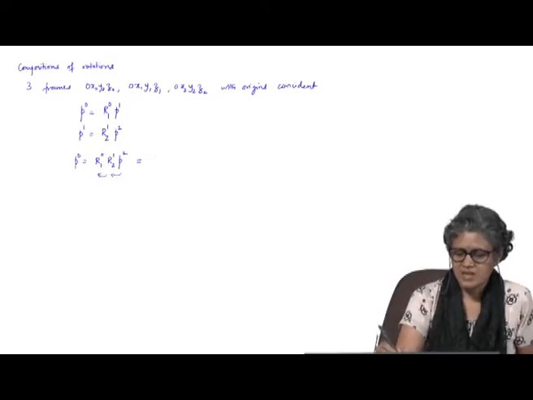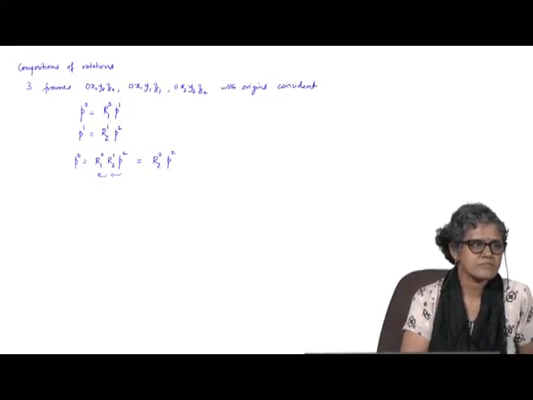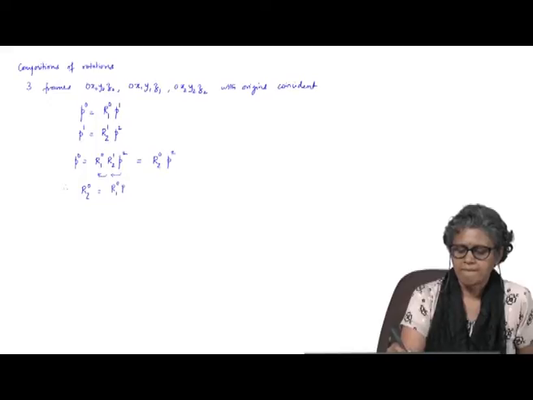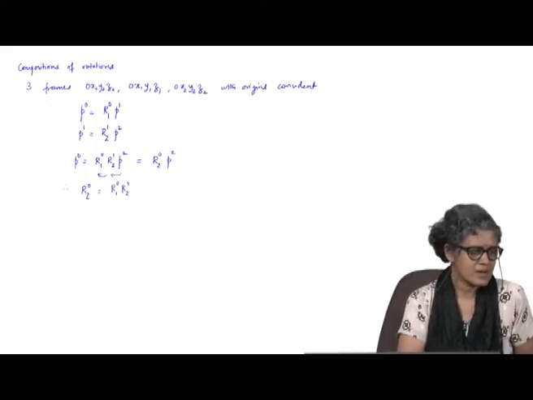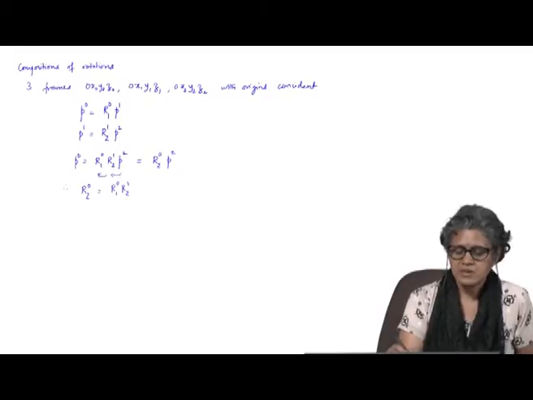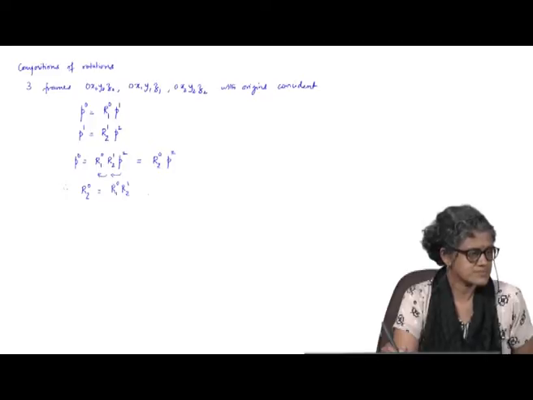And this I can write as R20 P2. Okay. Therefore, R20 is... And remember, matrix multiplication is not commutative. So the order of the rotation matters.